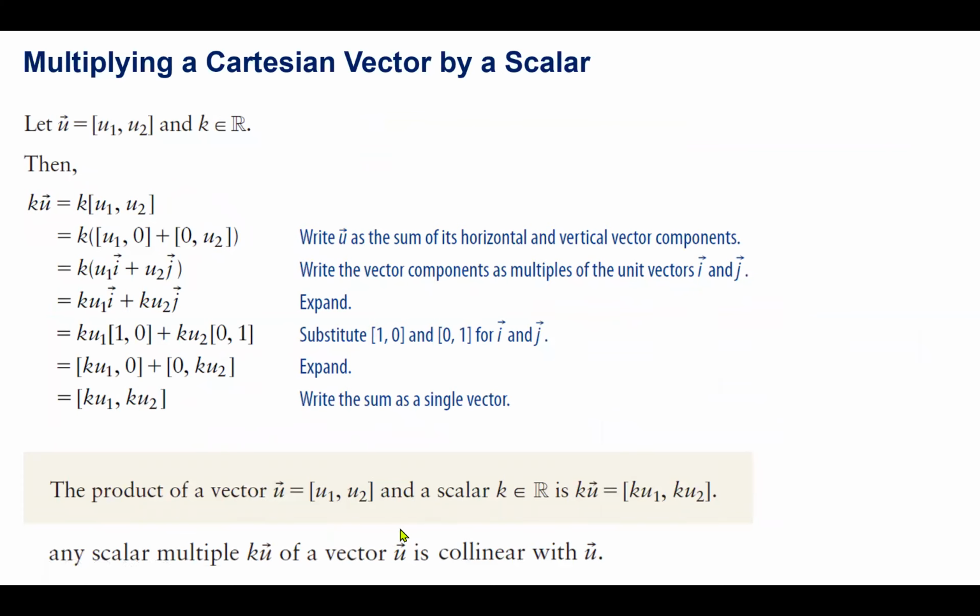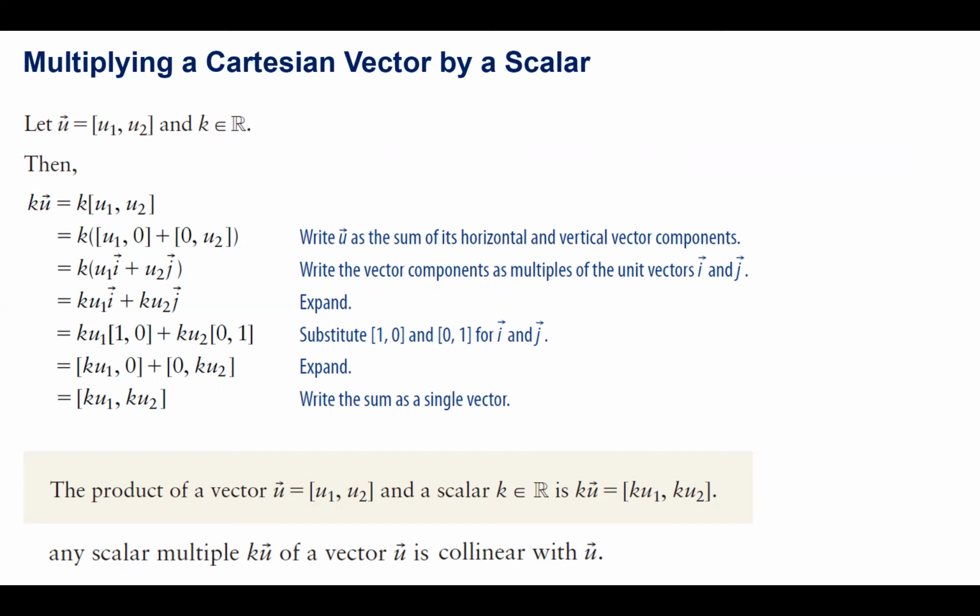So next, let's have a look at another operation, which is multiplying a Cartesian vector by a scalar. So we can let vector u equal u1, u2, where u1, u2 are the two components along the horizontal and vertical direction, and let k be a real number.